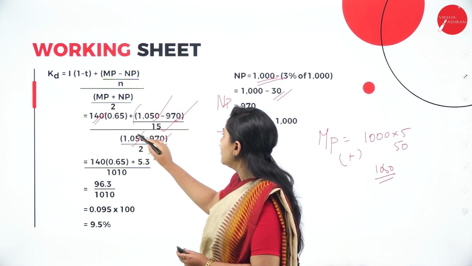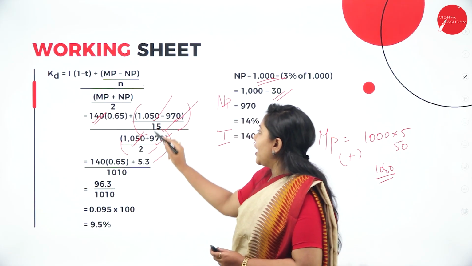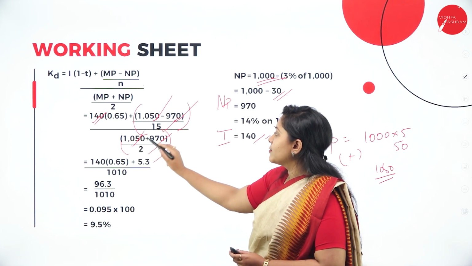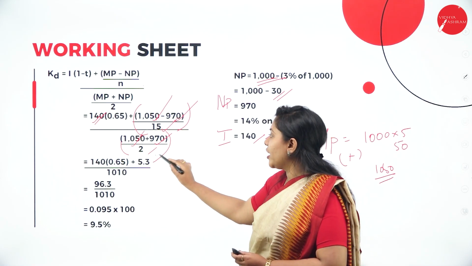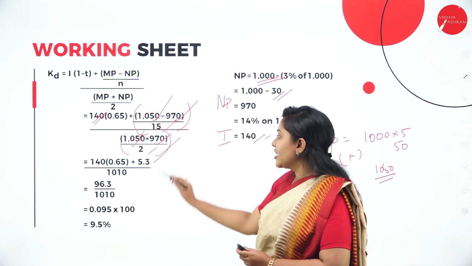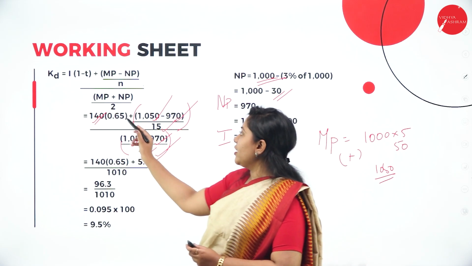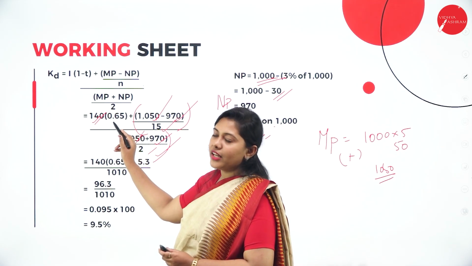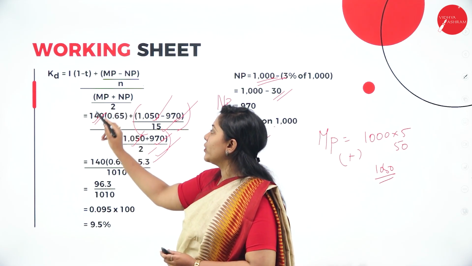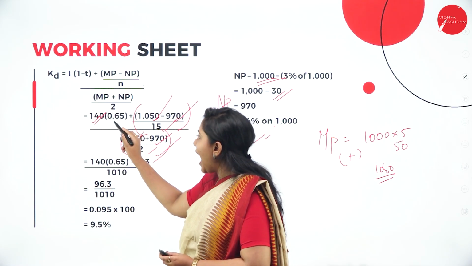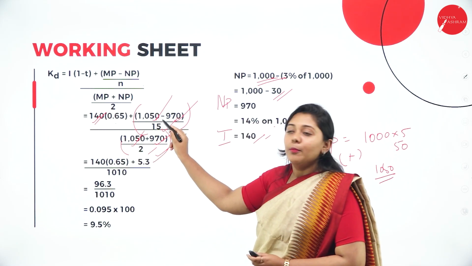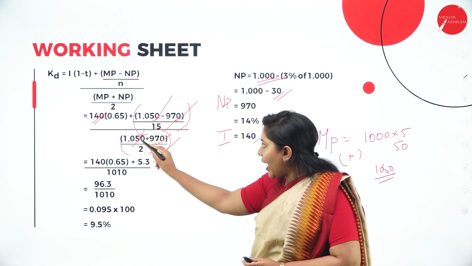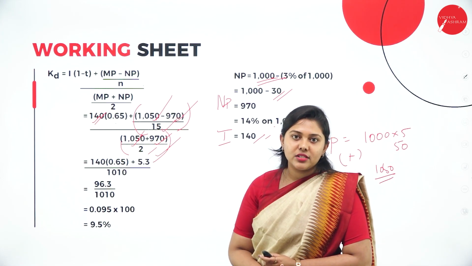First solve this bracket and keep the value. Second, solve the other bracket and keep the value, then multiply 0.65 with 140, add this value to the bracket part, and divide it by the denominator value.